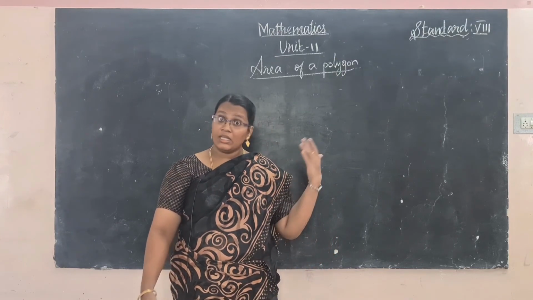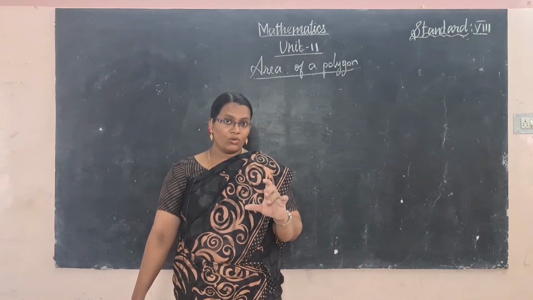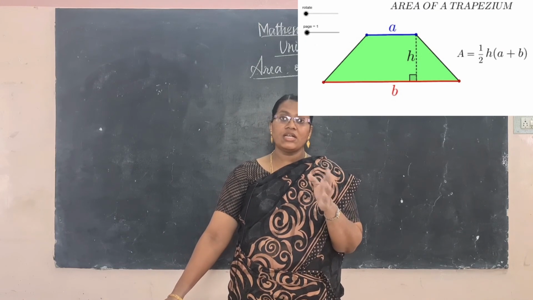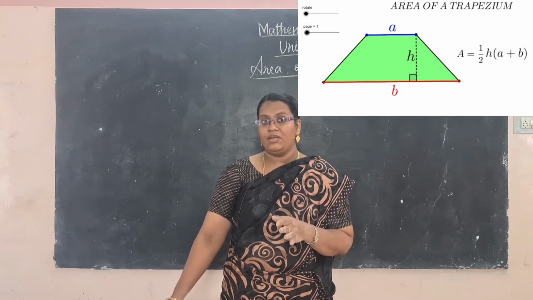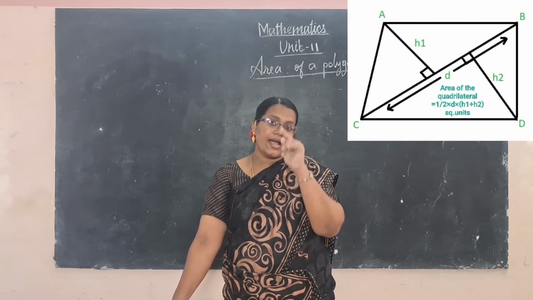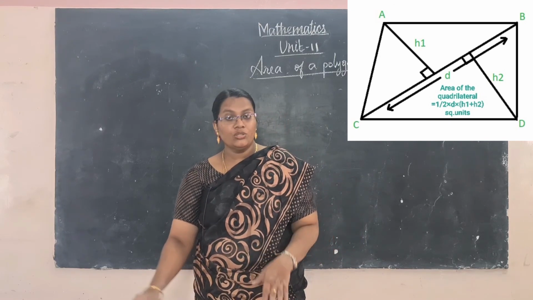These we learned last year. So this year we have learned new concepts. Area of the trapezium is half into height into A plus B. Area of the quadrilateral is half into diagonal into h1 plus h2 square unit.